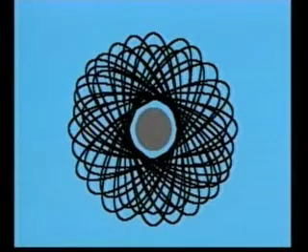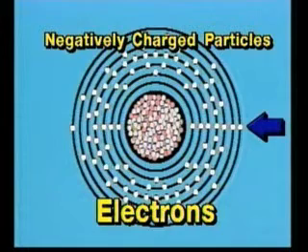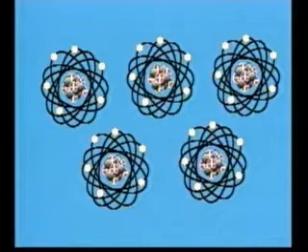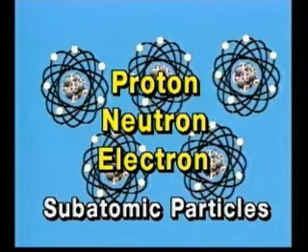Surrounding the nucleus in an atom is mostly empty space. But here, moving around the nucleus, we find negatively charged particles, named electrons. These three tiny particles, the proton, neutron, and electron, that are part of every atom, are called subatomic particles.